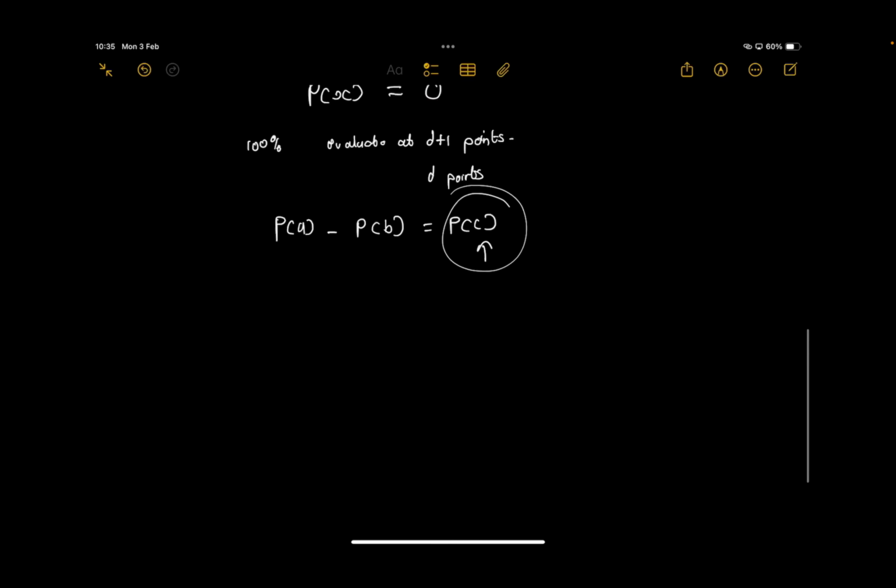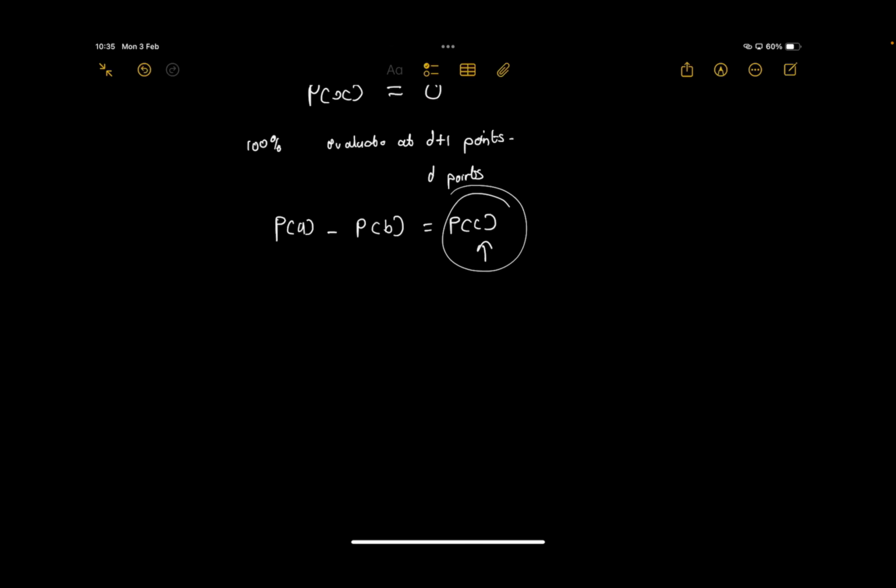Why do you think it's d? Because of the degree, let's say degree d and degree d, right?